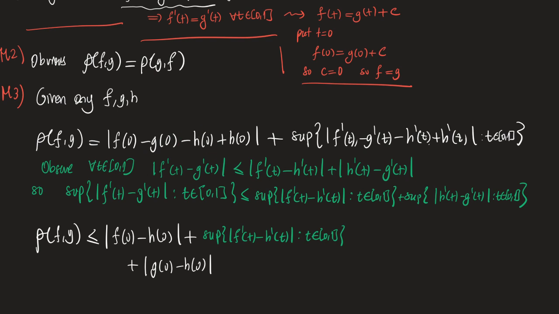But they are less than, plus I also need to copy and paste the last thing. Okay, but they are equal to rho FH plus rho HG. This proves the M3. So we have just proven that this is indeed a metric.